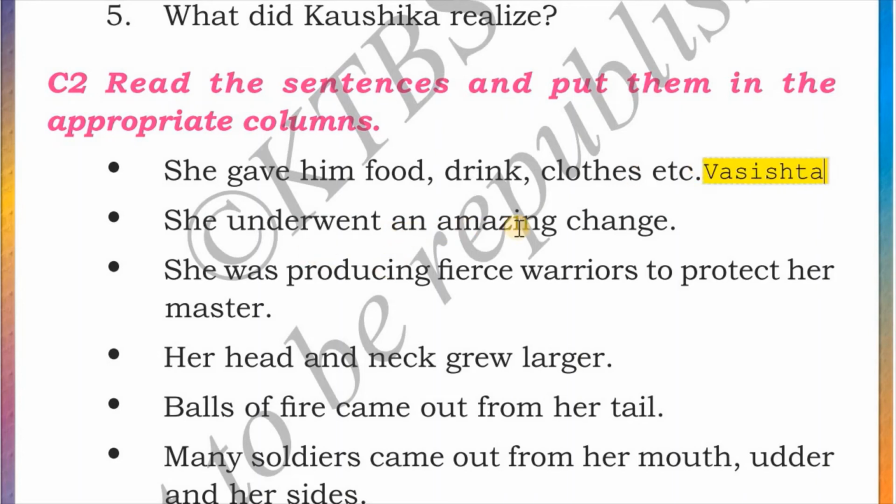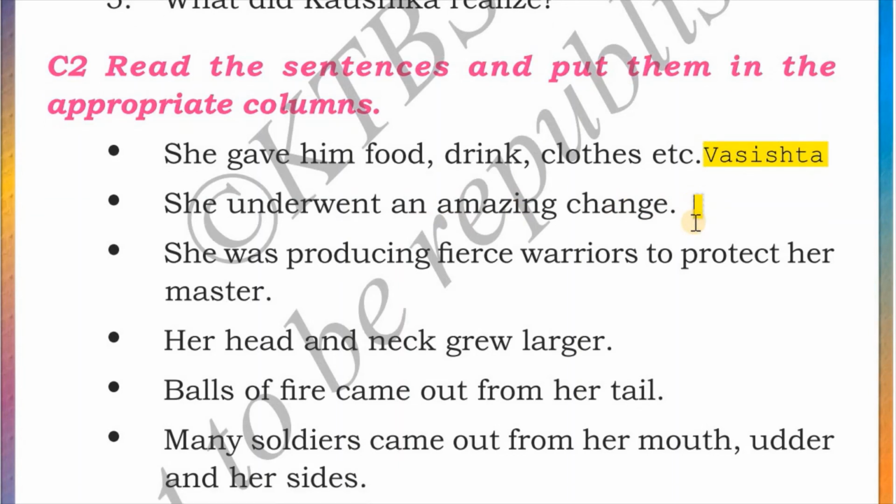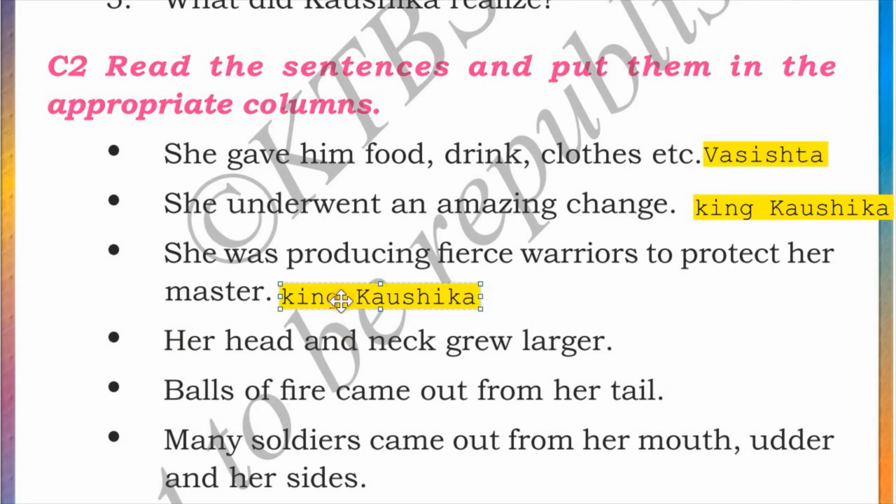Next, she underwent an amazing change. So she became aggressive with King Kaushika. She was producing fierce warriors to protect her master. This was with King Kaushika. Her head and neck grew larger.